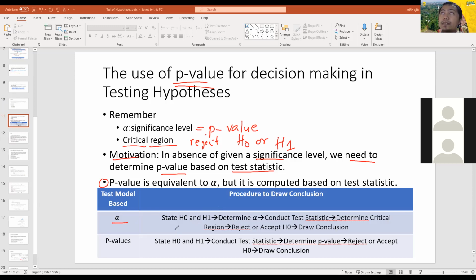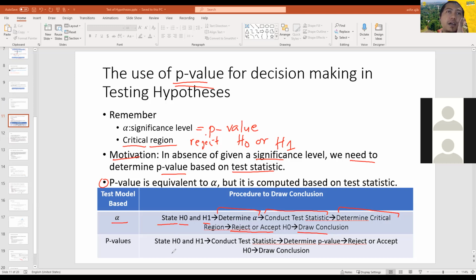The first steps are to state the null and alternate hypotheses, determine the significance level, which is already given, conduct the statistical test, determine the critical region, reject or accept the null hypothesis, and draw conclusions.